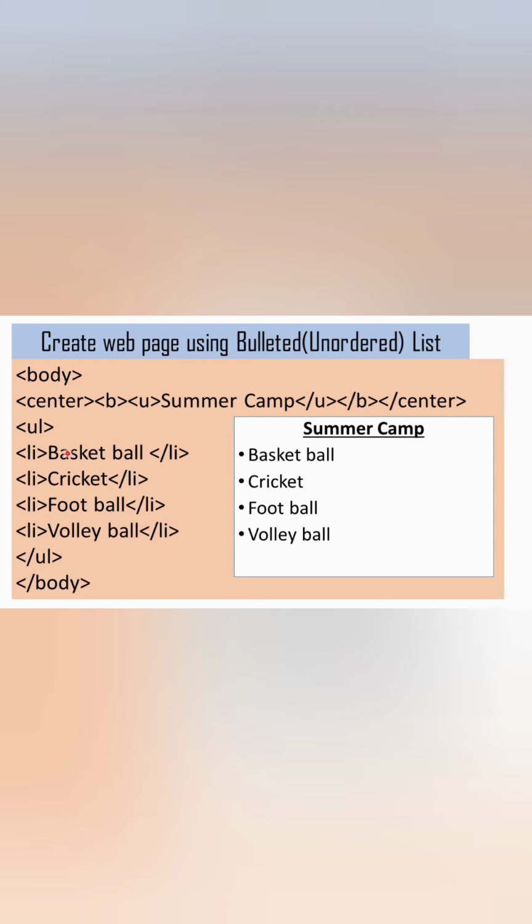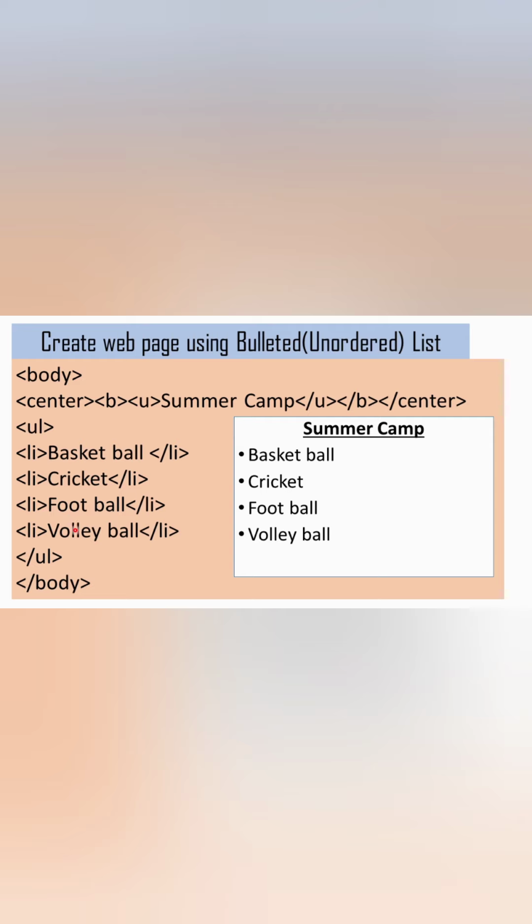For each and every item, you have to use the list item tag. So for basketball, I have opened the list item and closed. For cricket also, first I open the list item tag, then enter cricket, then close the list item tag. Like that you create the list item tag for football and volleyball also.